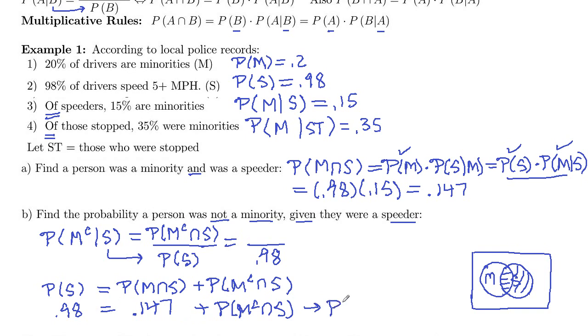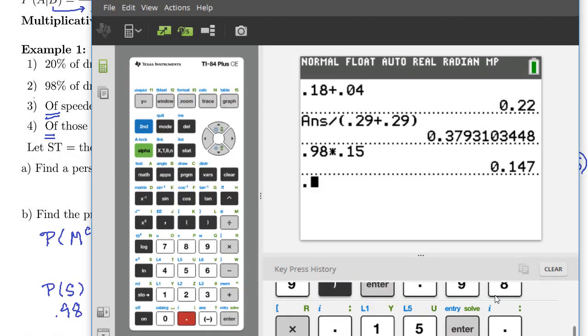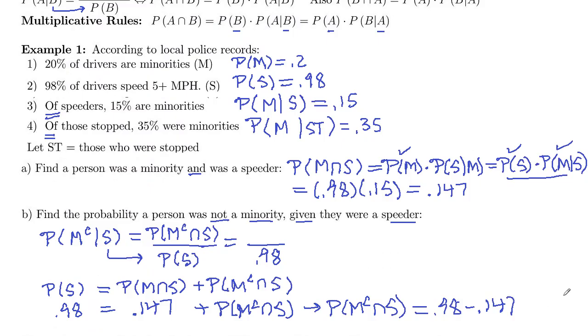So this tells us that probability of M complement and S is going to be 0.98 minus 0.147, which is 0.833. And that's M complement and S. That's what we wanted in our numerator.